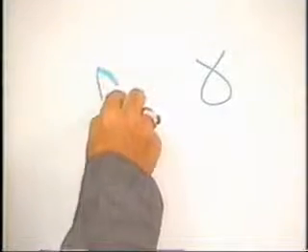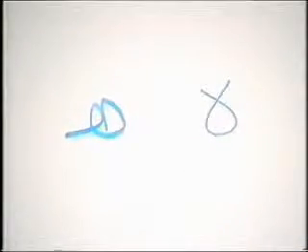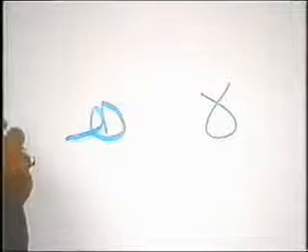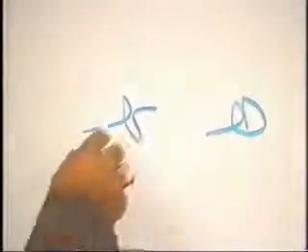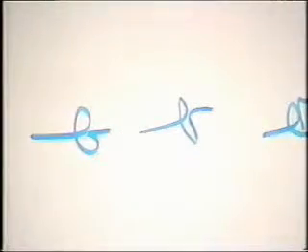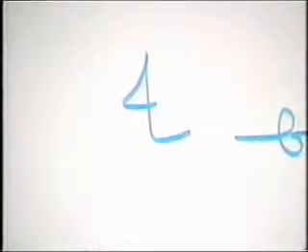When you start, that is also ha. That's also ha. Then they have ha also written like this. In the middle form, ha will be written like this. That's the middle form. This is ha, that's ha, that's ha, and this is also ha.